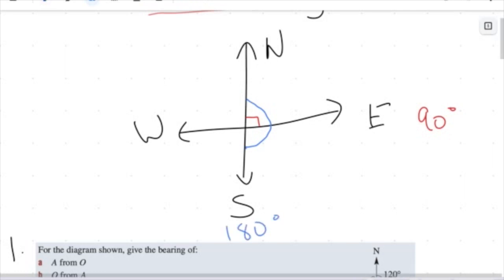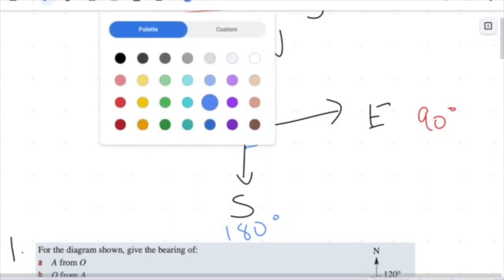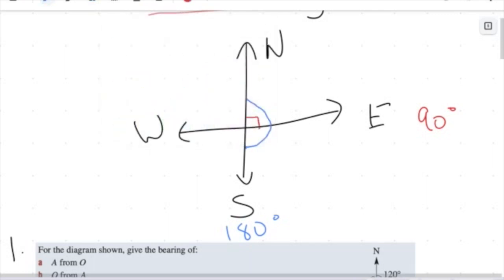Another way to think about it is that there is another 90 degrees between east and south, and 90 plus 90 gives me 180. Looking ahead here, we're starting at 180 and going another 90 degrees between south and west.